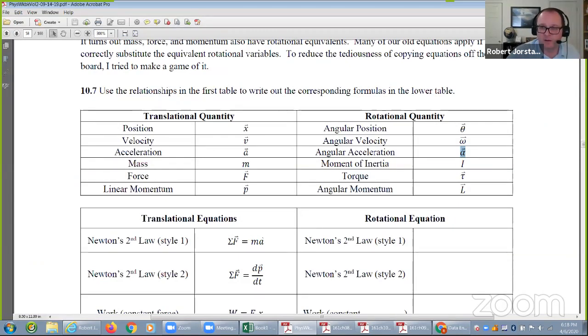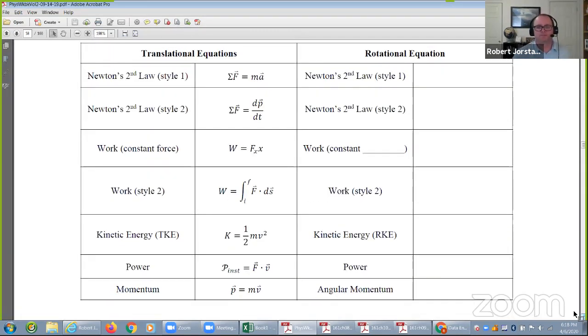Just bringing them up on the page so you can see. We're trying to fill in the blanks on the rotational equivalent.